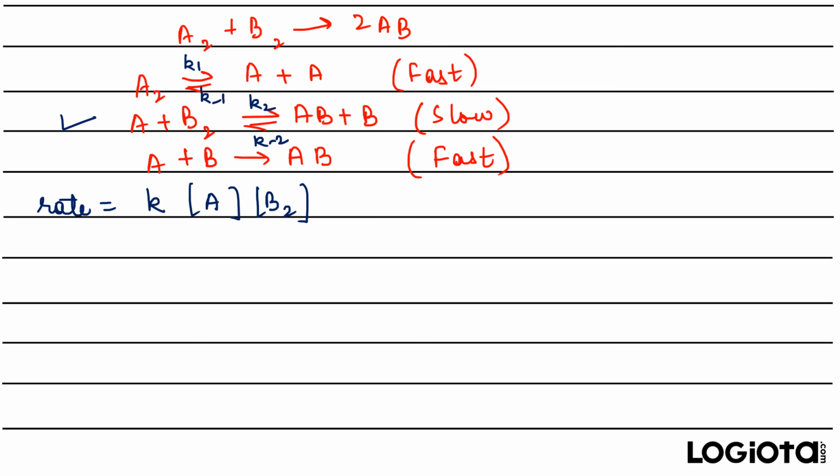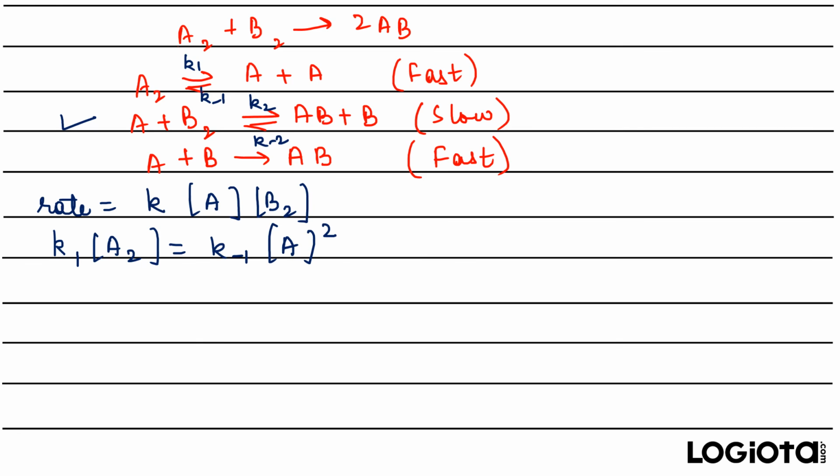In that, the rate of the forward reaction is equal to the rate of the reverse reaction as that reaction is in equilibrium. So it can be written as K1 of A2 is equal to K minus 1 of A square.